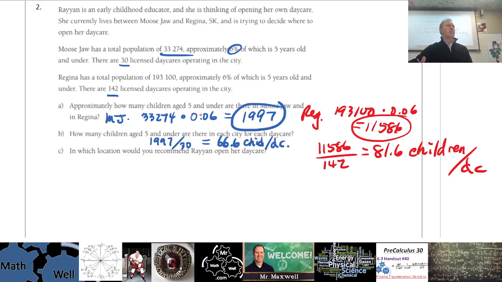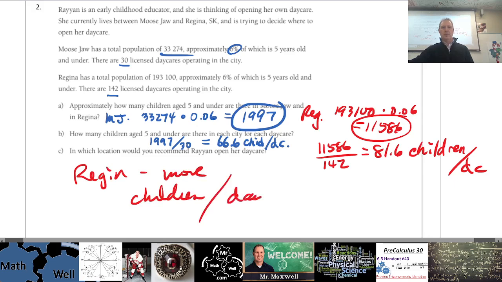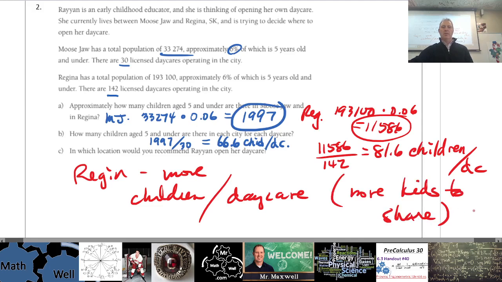So that means that there's maybe potentially more kids that would need a daycare, right? Yeah. So you'd say Regina. So there's more children per daycare. So that is more kids to share, really, right? That's what that means. So more kids to share between the daycares.